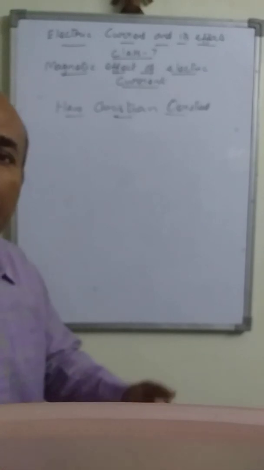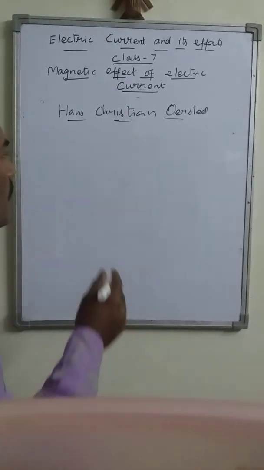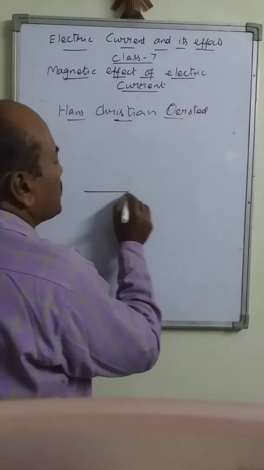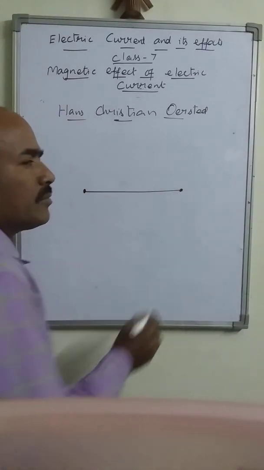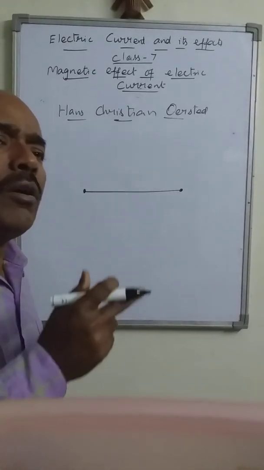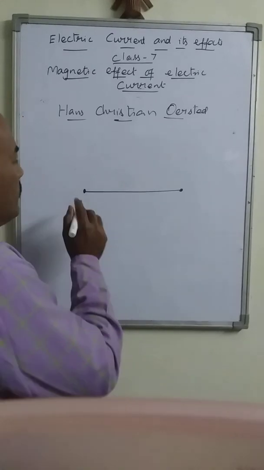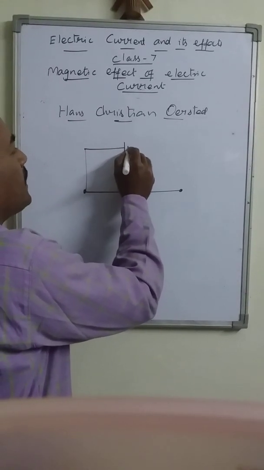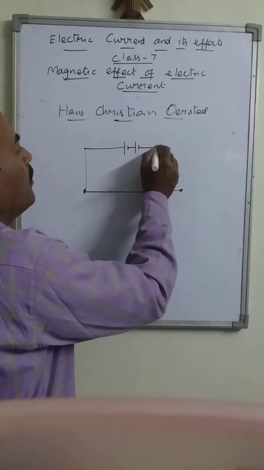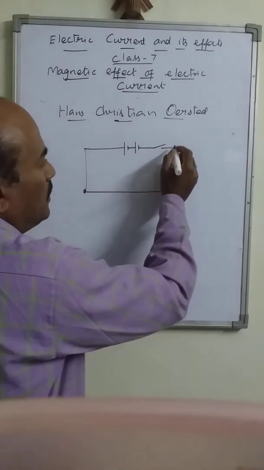Let it be straight. A straight conductor, a straight wire, is connected across a cell or battery along with a key or switch, whatever it is.